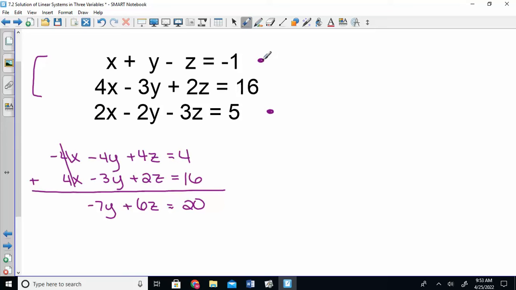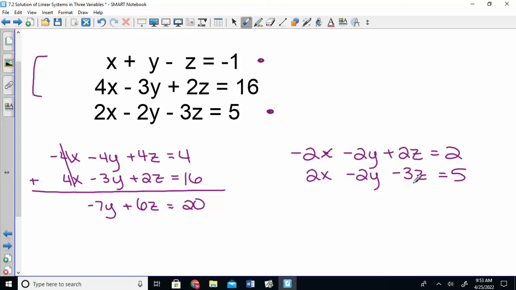Okay, so if I take the first and the third, if we want to eliminate the x, we have to take the top one times -2. So if I add those together, my x's cancel.